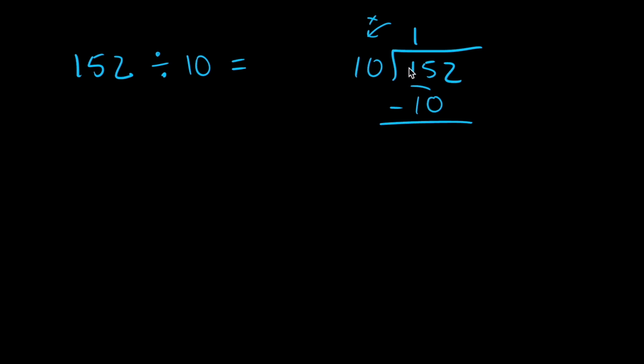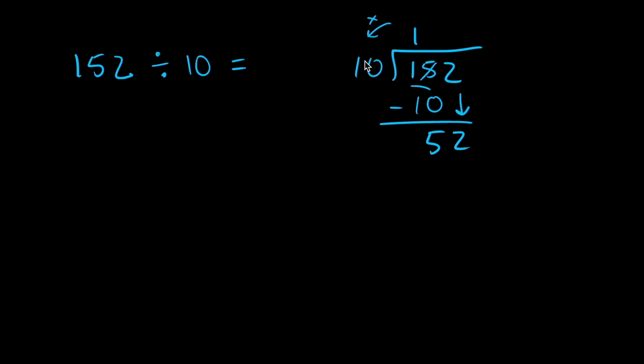To make this easier, let's just keep it this way. This leaves us 52 if we bring down the 2. So 15 minus 10 gives us 5, and I brought down the 2, so now it's 52.